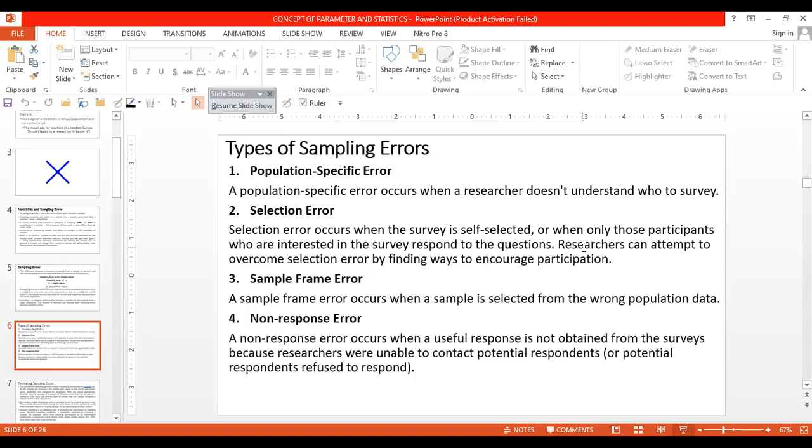Then we have non-response error, which occurs when useful response is not obtained from the surveys because the researchers were unable to contact potential respondents. So those are the types of sampling error we have.